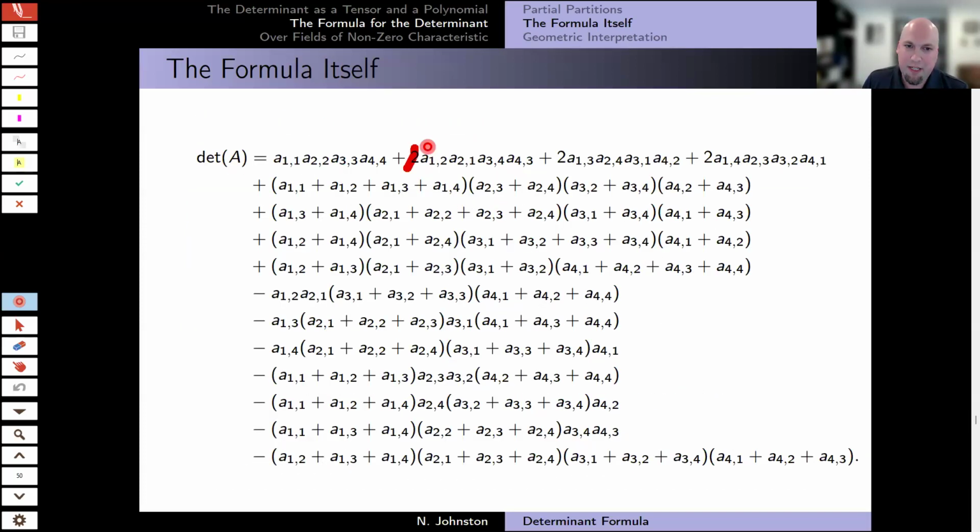One of these 3 terms up here corresponds to the partial partition that has 1, 2, and then 3, 4 in separate parts. One of them corresponds to the partial partition that has 1, 3, and 2, 4, and the other one corresponds to 1, 4, and 2, 3. And those are the only partial partitions in that case that have at least 2 parts if they have no singletons.